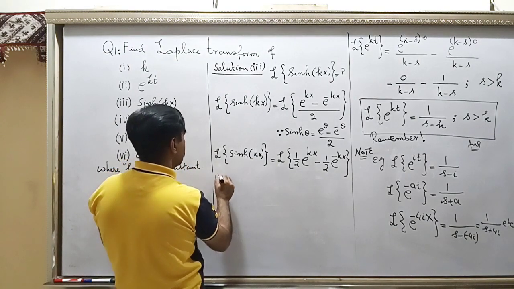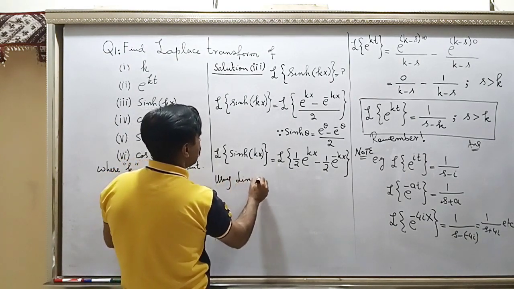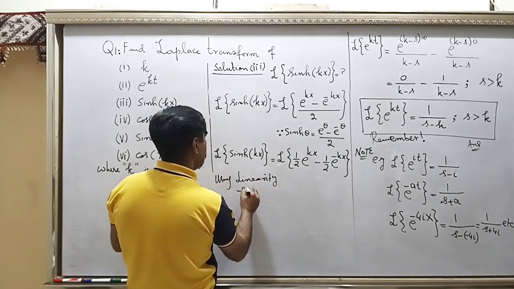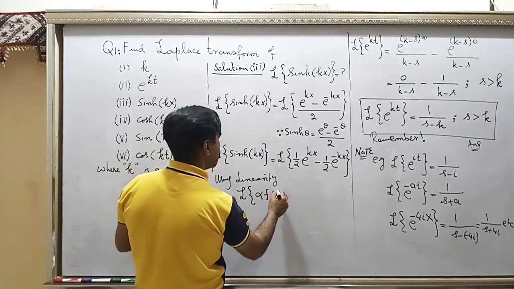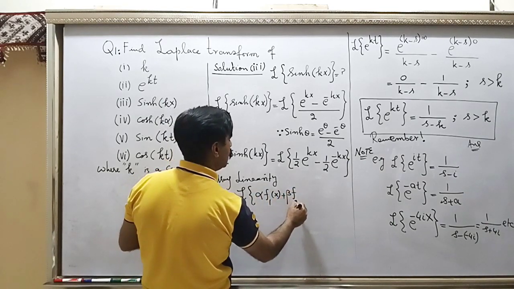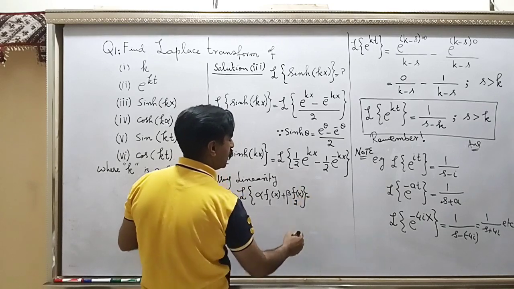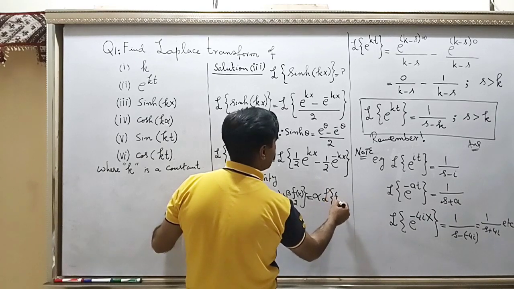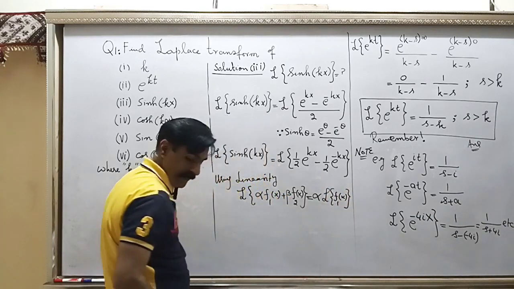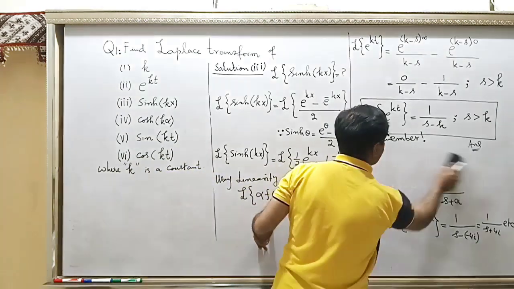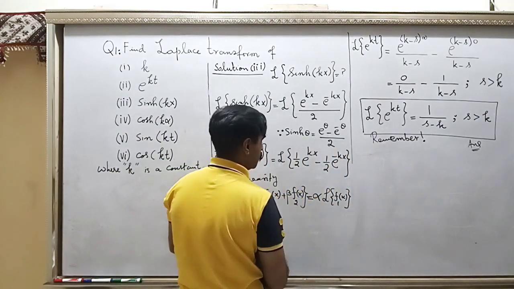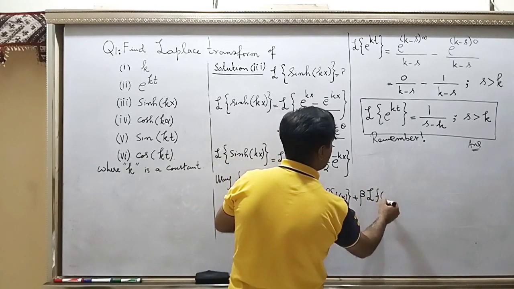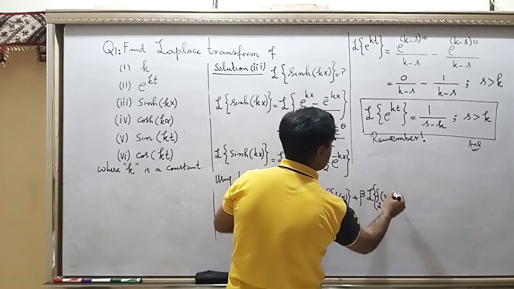Let's check. Using linearity. What is the linearity? L of alpha f1(x) plus beta f2(x) is equal to alpha into L of f1(x), meaning the Laplace transform of f1(x), plus beta into the Laplace transform of f2(x), right?